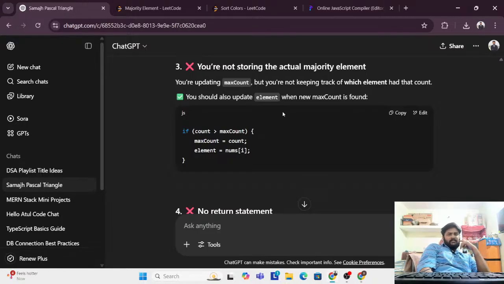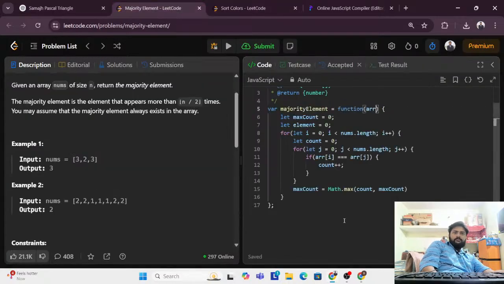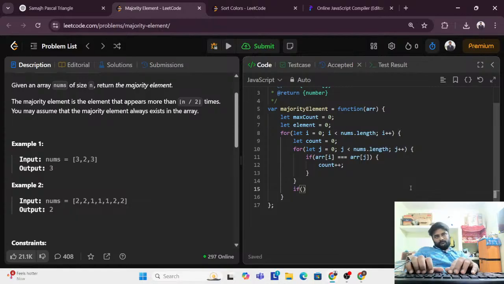What if the max... If count is greater than max count, it is asking me to show the max count.